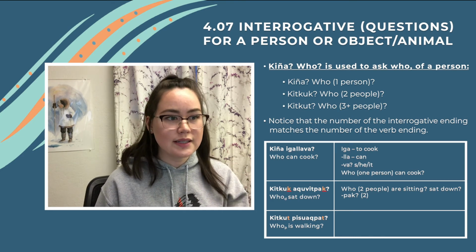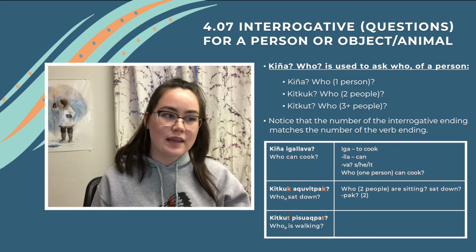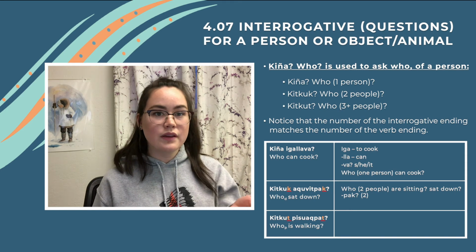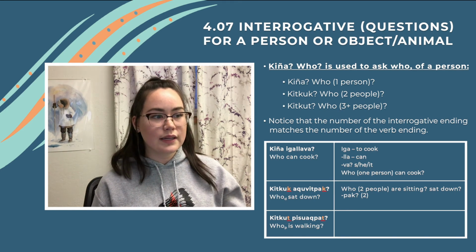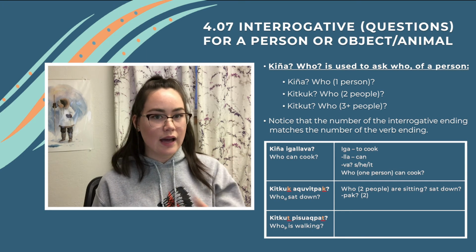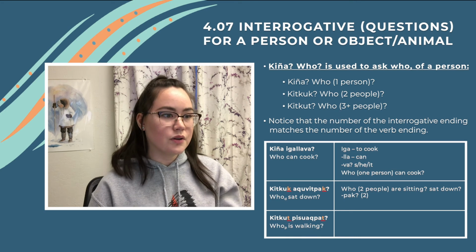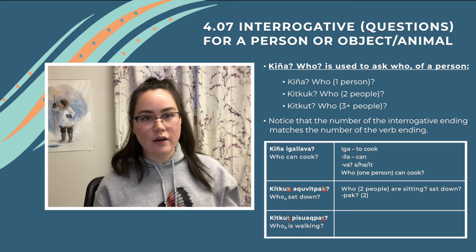Who two people are sitting. Kitkut pisokbat. Same thing, highlighted in red, they both end in T. So kitkut, who three or more people, pisokbat are sitting, or sorry, walking. So who three or more people are walking.